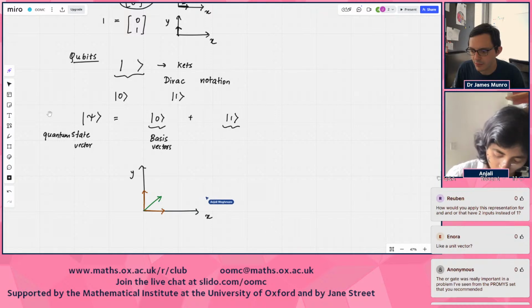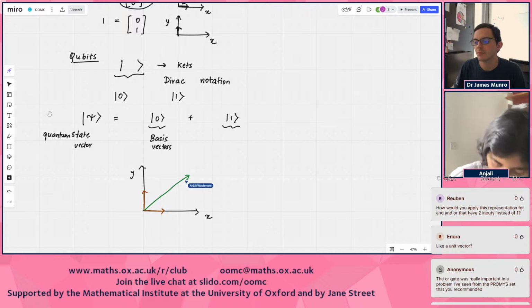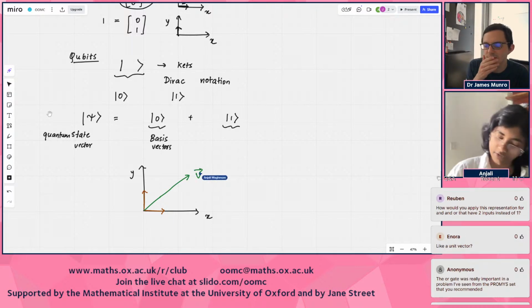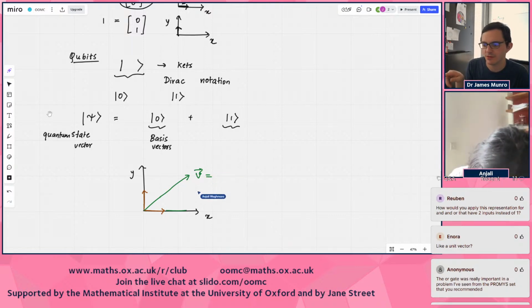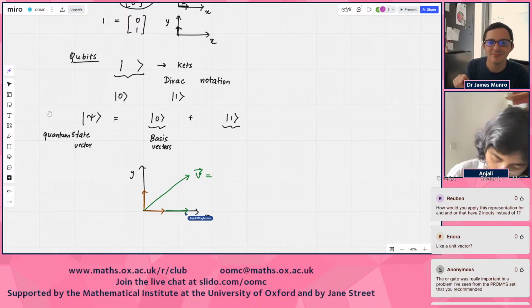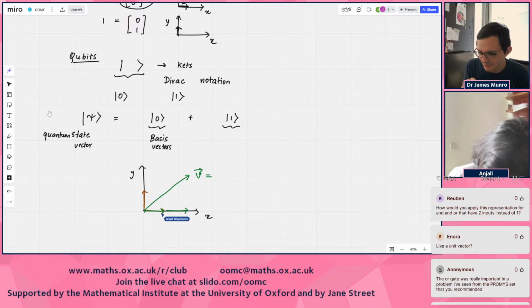Let's look at a vector like this. The green vector, let's call it V. The green vector can be written as, if I go 2 steps in the x direction, let's call this fundamental unit x hat.